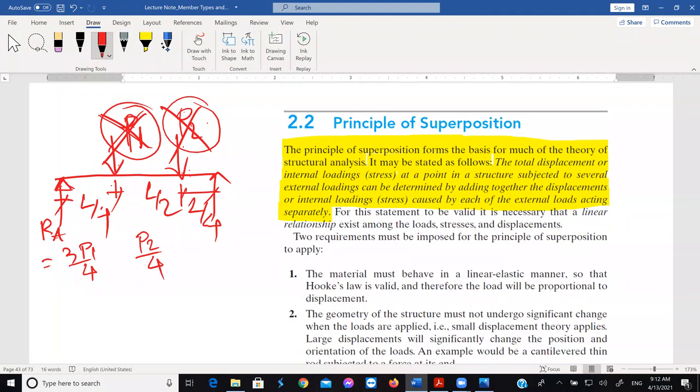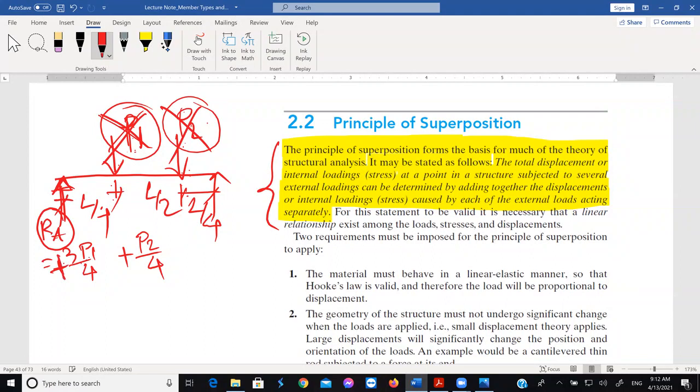So the principle of superposition suggests that the total reaction RA under both forces will be just the algebraic sum. Whether they are positive or negative, you must consider those signs. So the total reactions will be the algebraic sum of both of these forces applied individually on this structure. For example, if we consider the upward reaction as positive, then under the P1 force, the RA component of reaction will be upward.